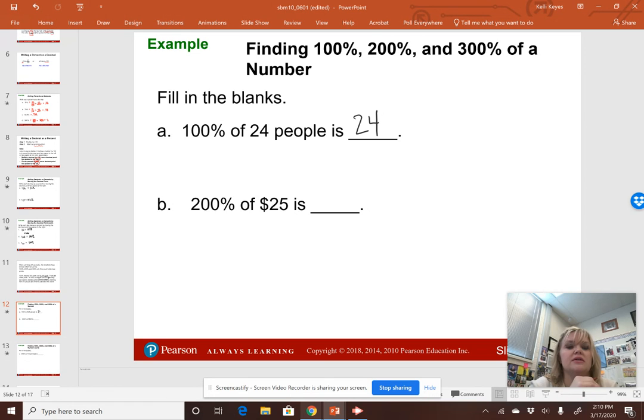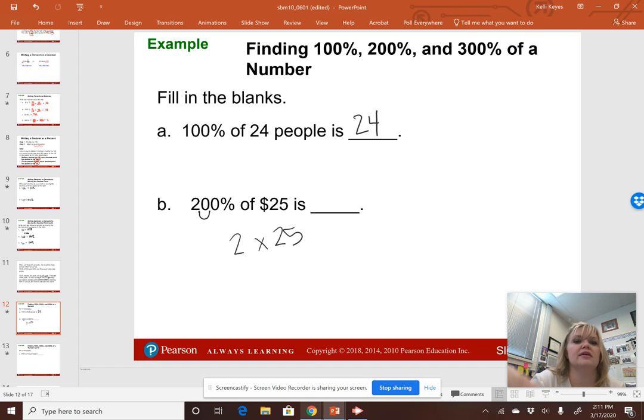And 200%, what's 200% as a decimal? If I divide it by 100, it would be 2. So it's the same thing as 2 times 25, because 200% is 2 times 100%, and 100% is 25. So we multiply 25 twice.